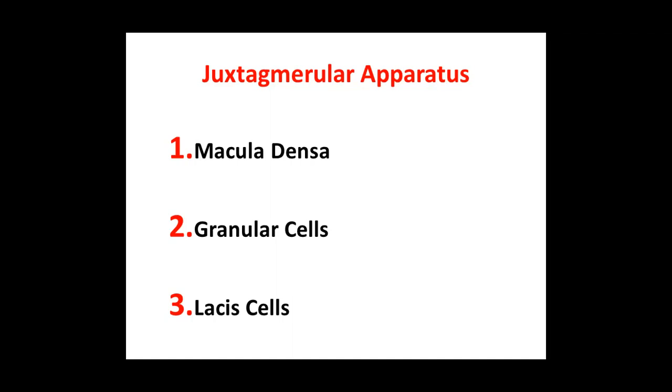So there are certain feedback loops here. If there is some alteration in the filtrate processing, there are feedback loops which can modify filtrate creation at the origin level. I will discuss all these things in subsequent classes. This is the specialized function of the JG apparatus.